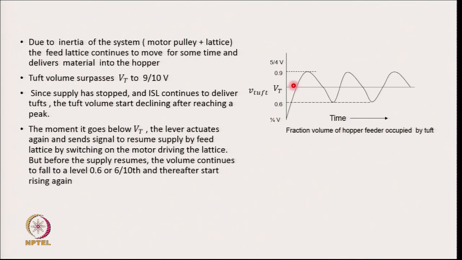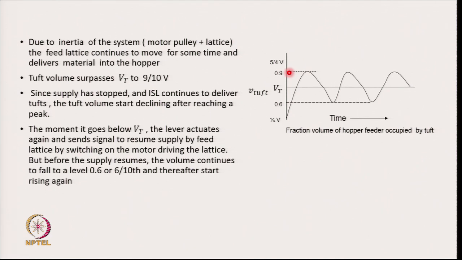But as I said, because the feed lattice has got certain inertia, it will continue to feed for a few more seconds, and therefore, the top volume within the hopper feeder is going to rise, and it will reach a peak, maybe 0.9 V or maybe whatever little more than V t, whatever is the target volume.